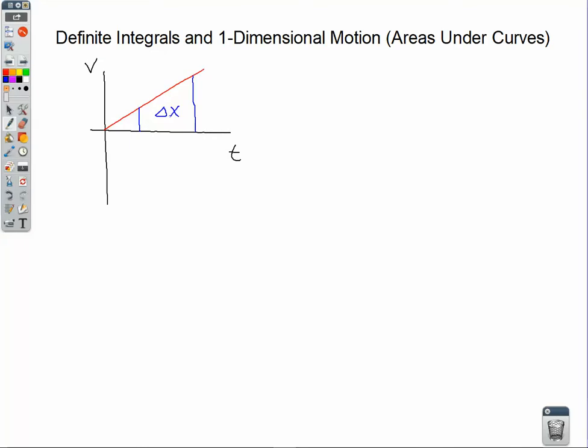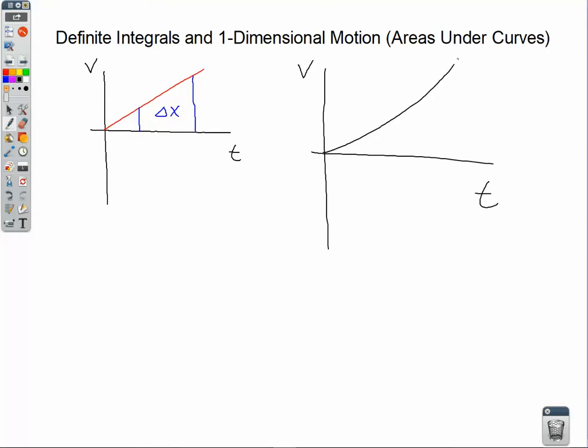And if our velocity function is just a nice linear function, then we could find the area underneath that trapezoid using a nice little geometric formula, right? But this is not possible if our function is some sort of curve. So the next most complicated velocity versus time graph we could get is some sort of parabolic shape, right?